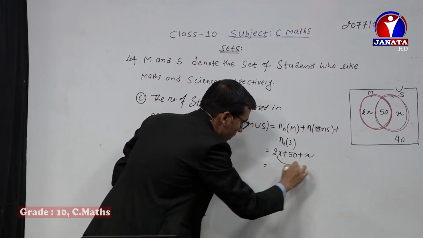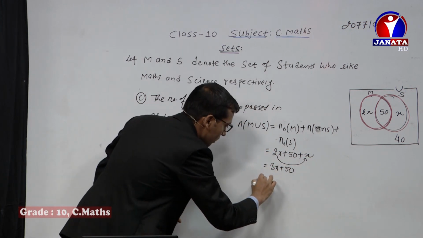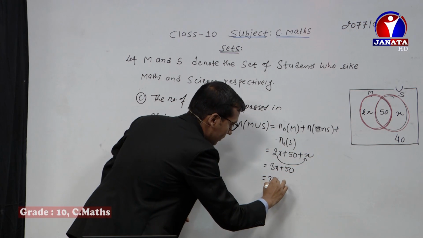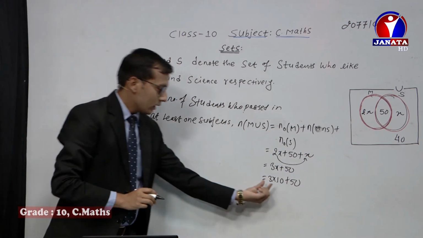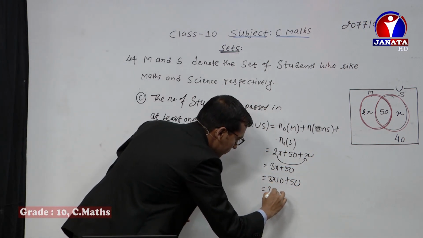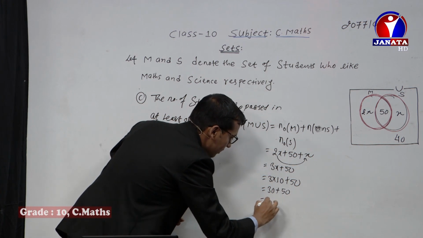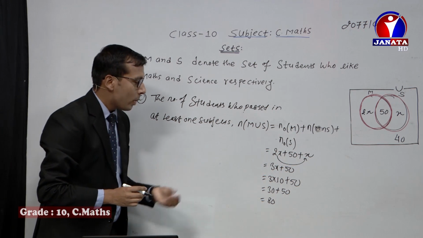So 2x plus x is 3x plus 50. So 3 times x is 3 times 10 plus 50. This is 30 plus 50, which is equal to 80.